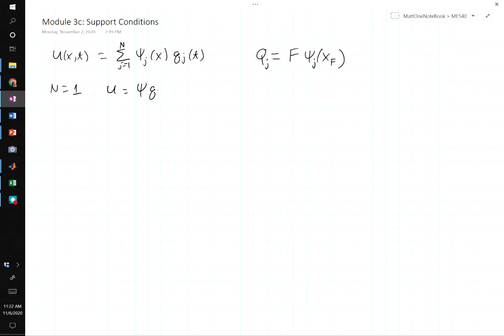All right, so this is some elastic mode that we're interested in. Let's also suppose that psi is a mass normalized mode vector.